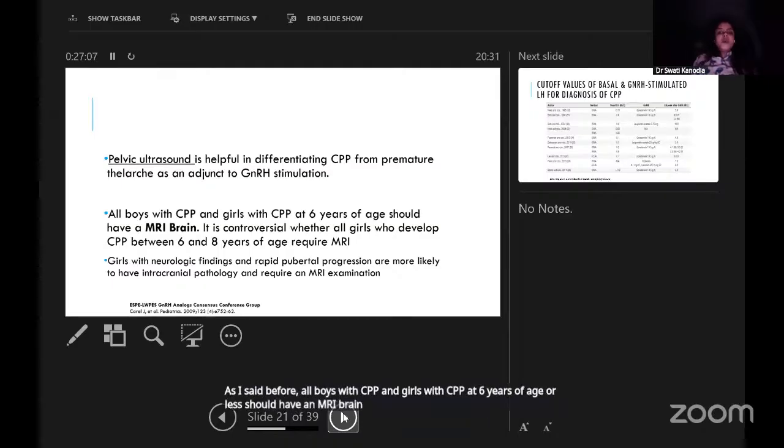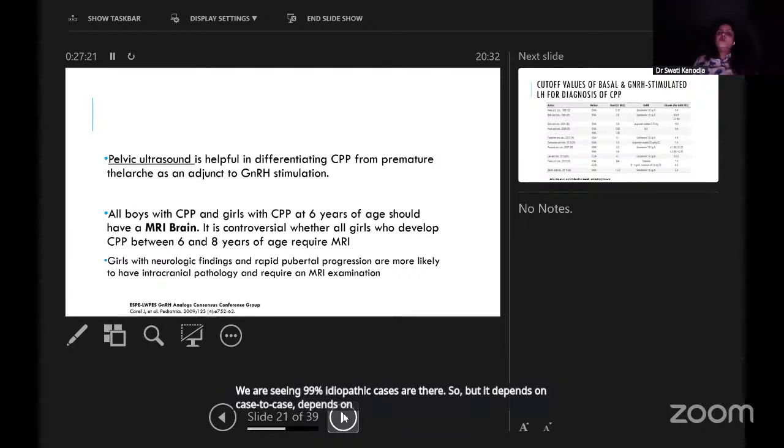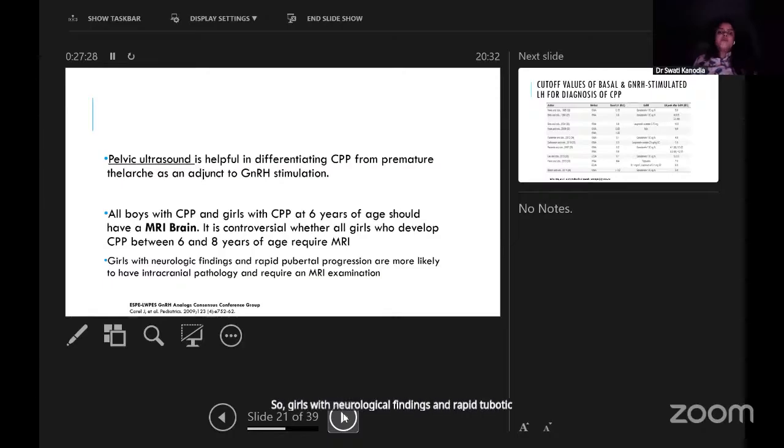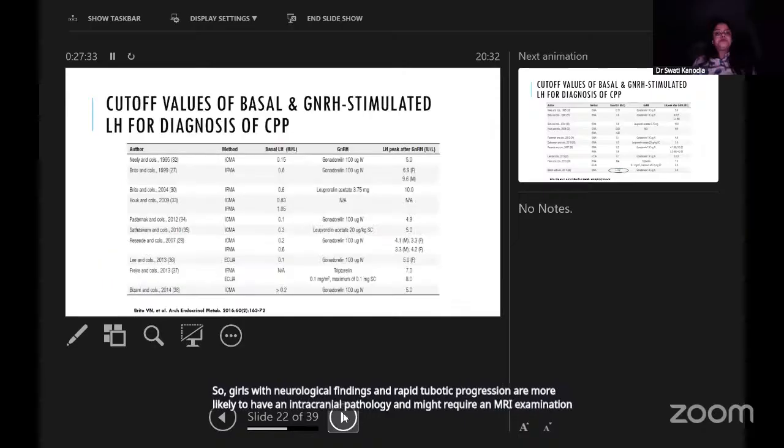Between 6 and 8 years, it is very controversial whether girls require MRI or not, because we are seeing 99% idiopathic cases. But it depends on the case and the symptoms. Girls with neurological findings and rapid puberty progression are more likely to have an intracranial pathology and might require an MRI examination.